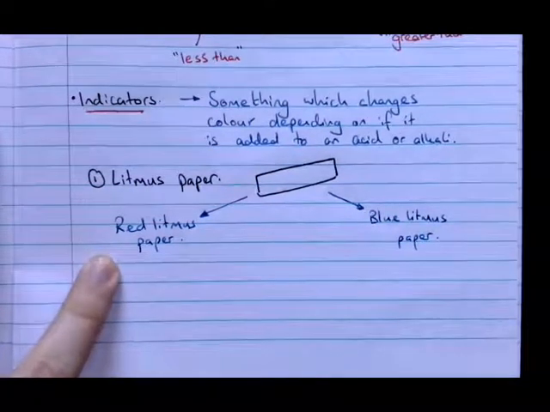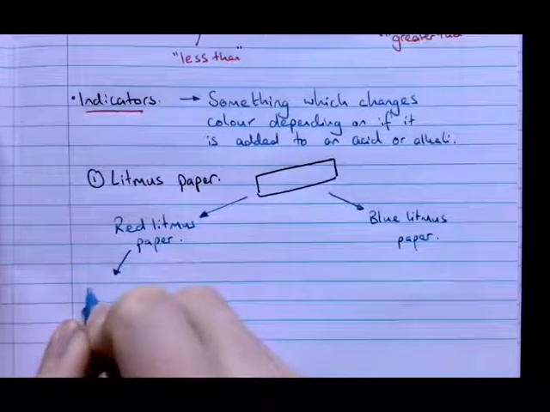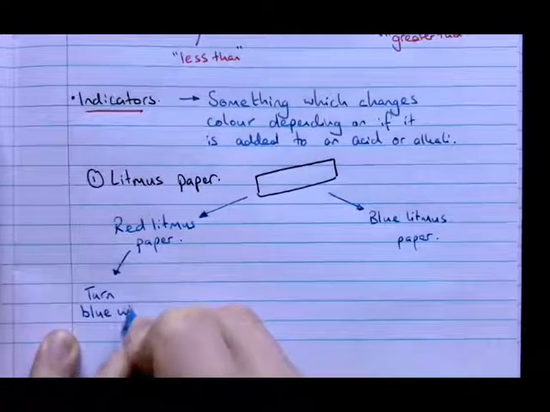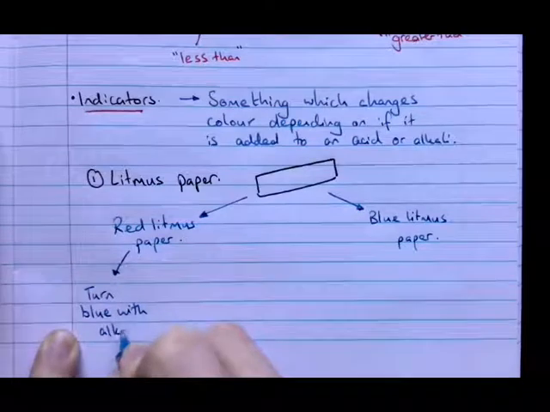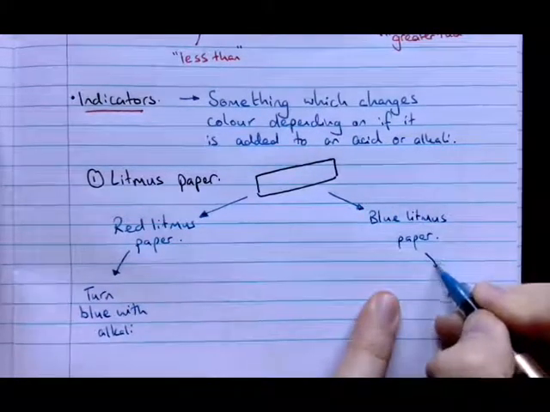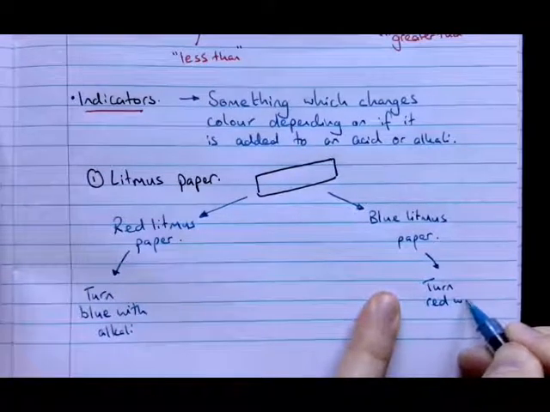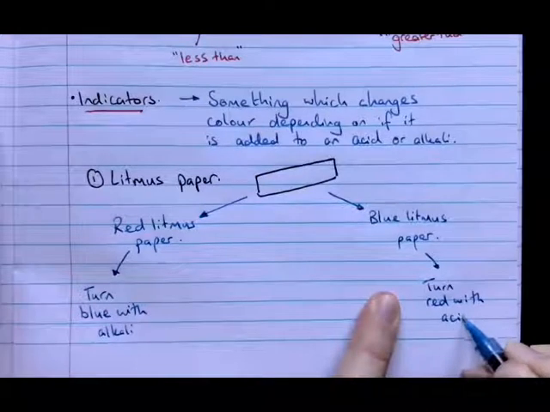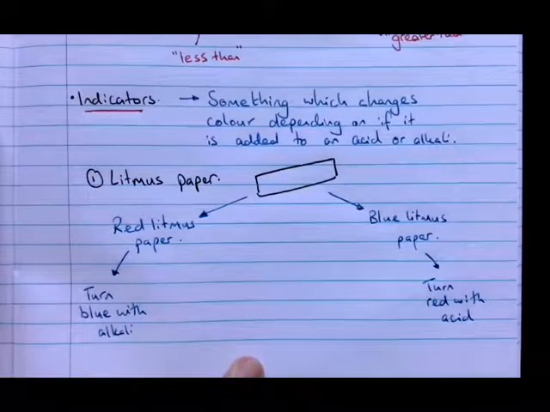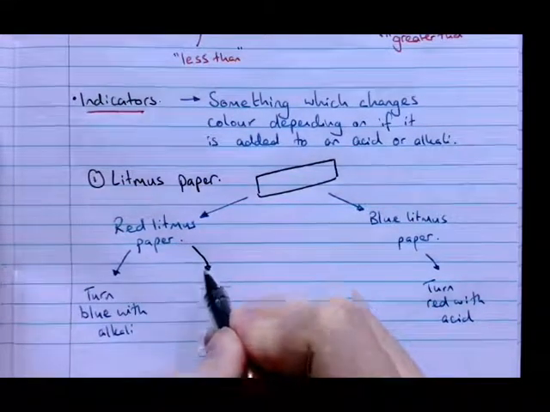Okay, now the red litmus paper, that will turn blue with alkali, and the blue litmus paper will turn red with acid.